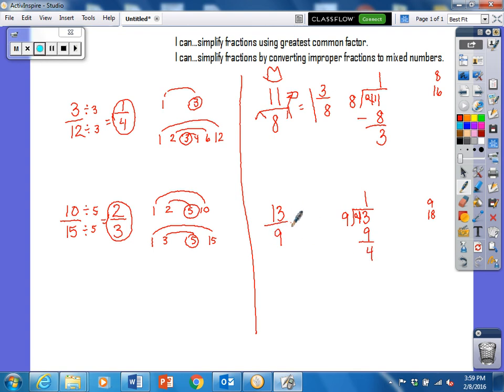So then we come over here, our quotient, which is 1 whole. What's left over? 4 pieces out of our 9 pieces. So 13/9 in simplest form is 1 4/9.